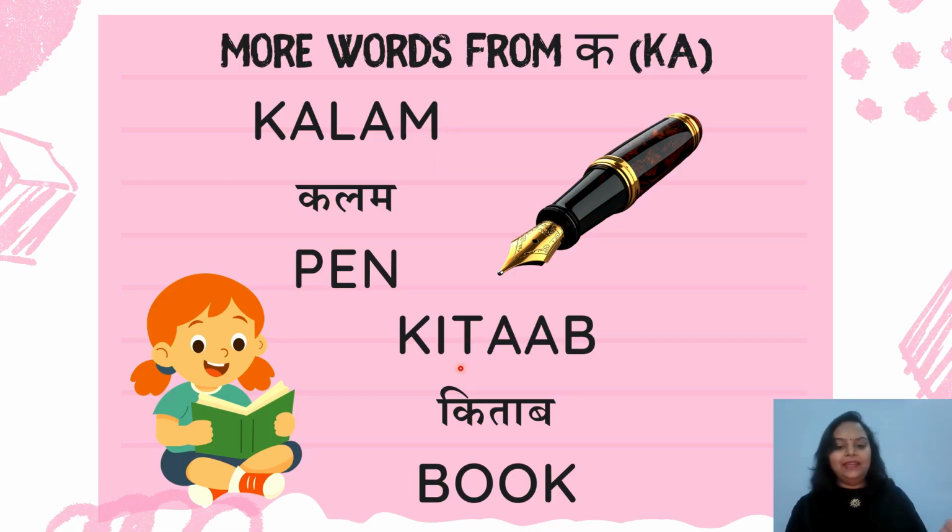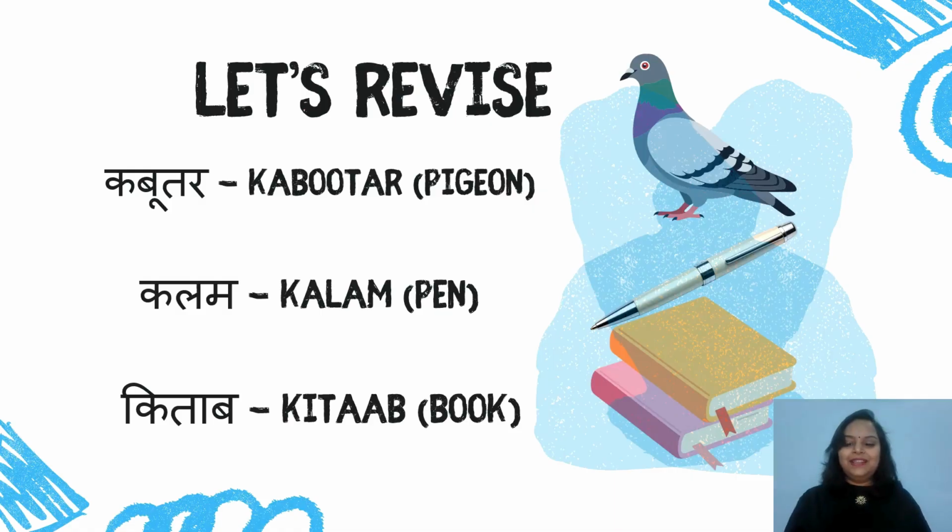Kalam is called pen and kitab is called book. So let's revise all the 3 words from ka that we learned today. Ka, kabutar, ka, kalam and ka, kitab. Kabutar is called pigeon in English. Kalam is called pen in English and kitab is called book in English.